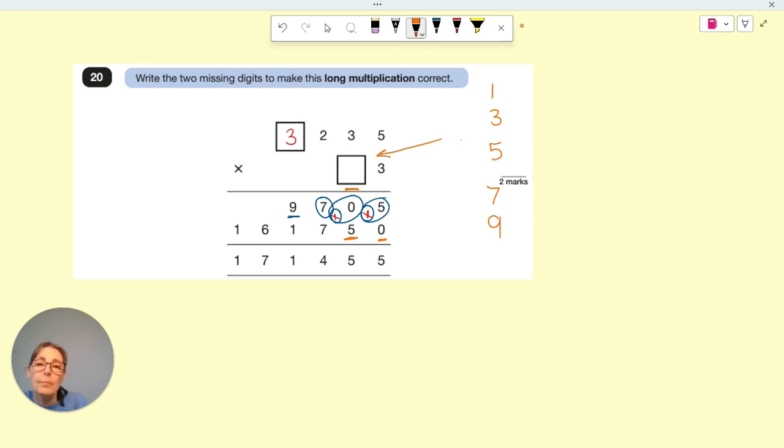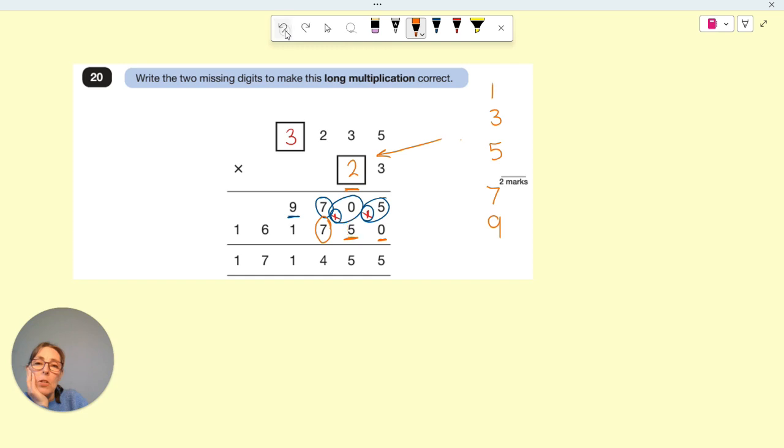Okay, so something times 3. Okay, but that's 7. Oh, so that could be a 2. No, it couldn't be a 2. If this was a 2, that would be 2 times 5, which is 10, and that's a 5.